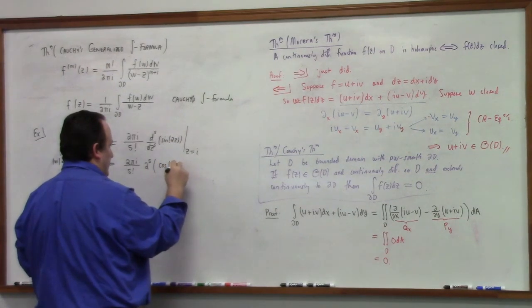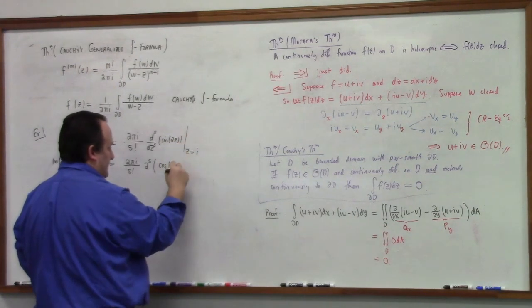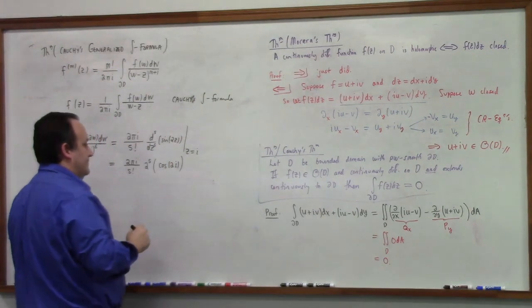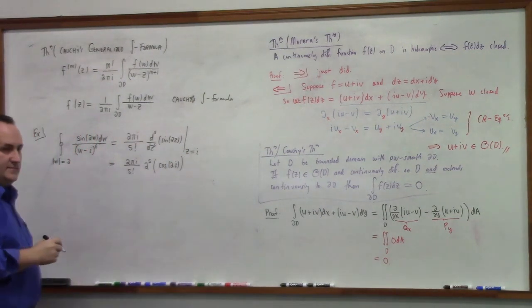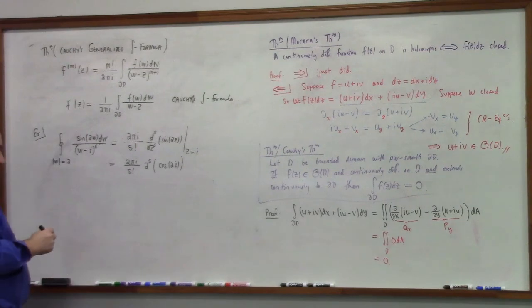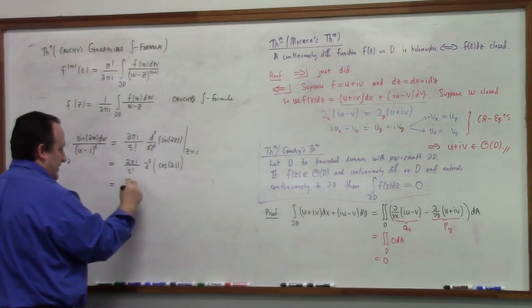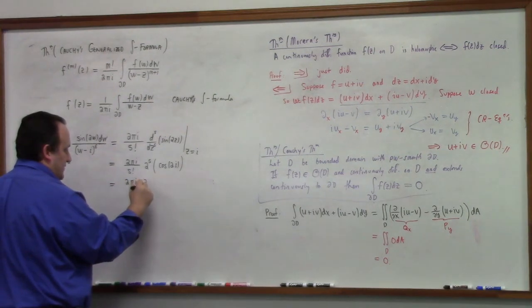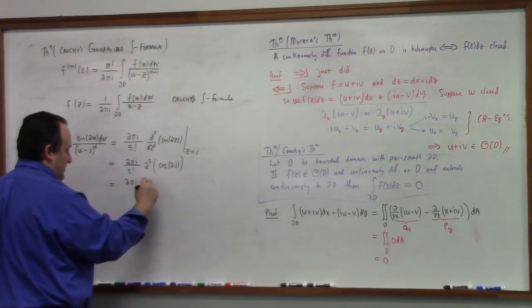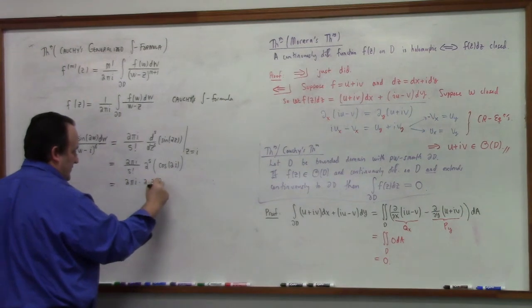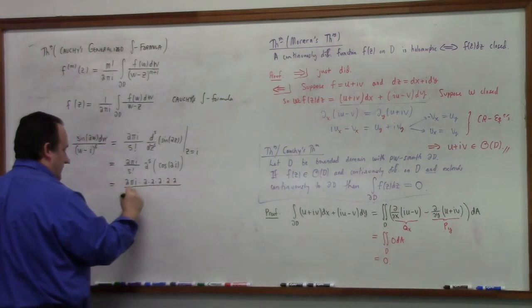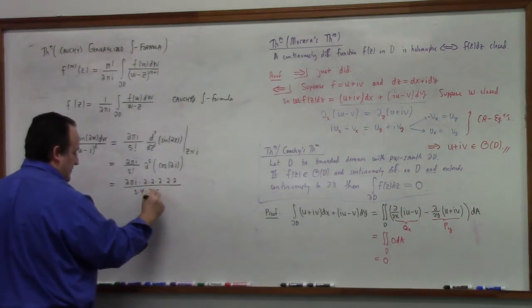So cosine of 2z, but we put z equals i. What is that? Oh, you know that. So we've got 2 pi i times 2 to the 5th, which is 2 times 2 times 2 times 2 times 2 over 5 times 4 times 3 times 2.